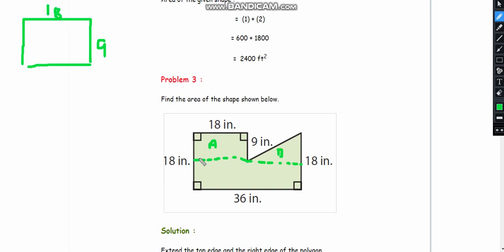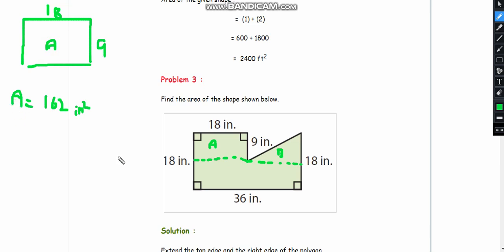The height of it is 9, the length is 18. So the area of that is just 9 times 18, which is 162 inches squared. Okay, so 162 inches squared, that's section A. And this A means area, more so.